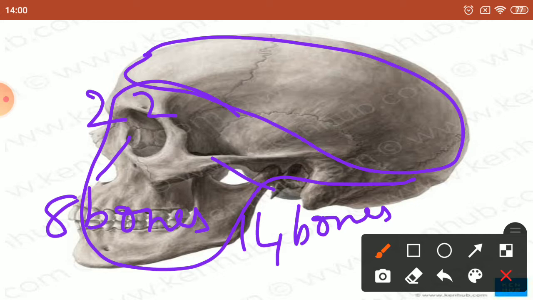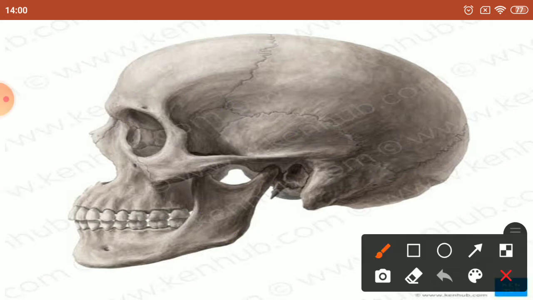When you observe the skull carefully, you find that all 22 bones are combined with each other through joints, and those joints are totally non-movable.